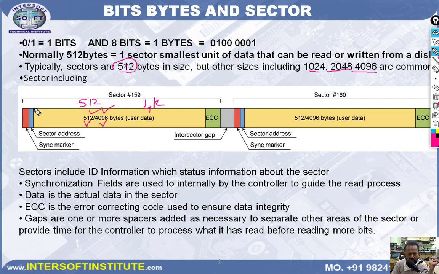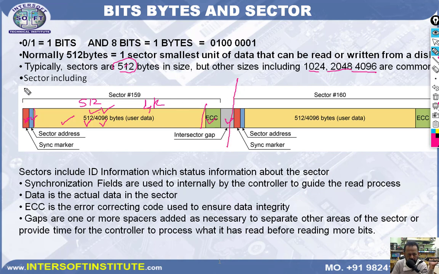Each sector has data stored from here to here, but there is also a synchronization marker which indicates which sector this is: sector address, synchronization marker, ECC and inter-sector gap. Up to here, one sector is complete.